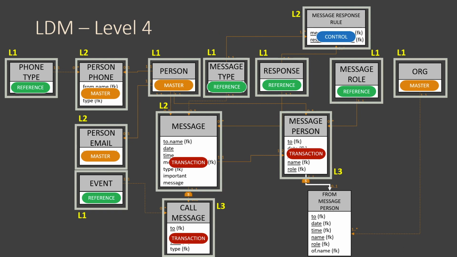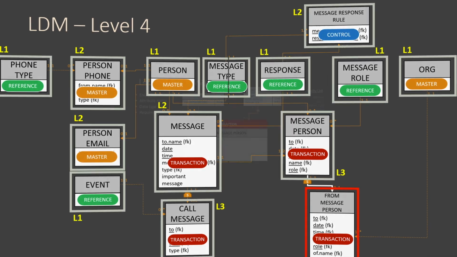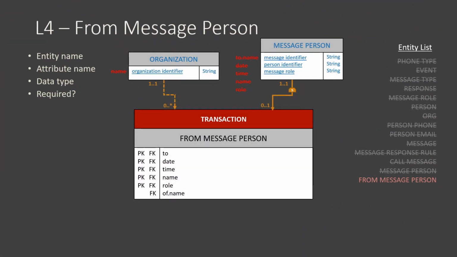Moving down one more level, we have one remaining entity, from message person. It is the only entity that is dependent upon a Level 3 entity. The final entity, from message person, in our logical data model is also composed entirely of inherited foreign keys from the entities, organization, and message person.